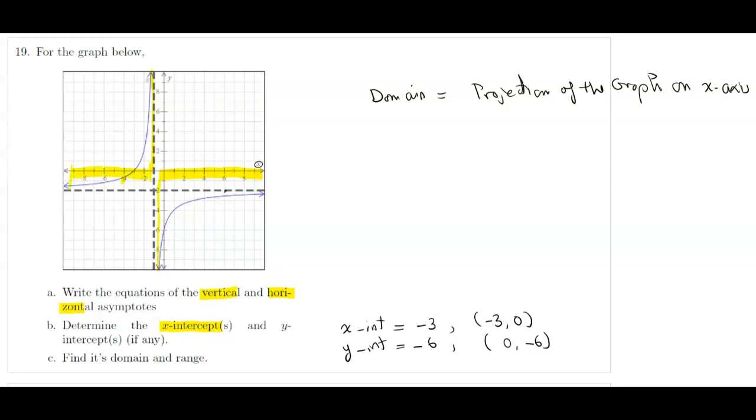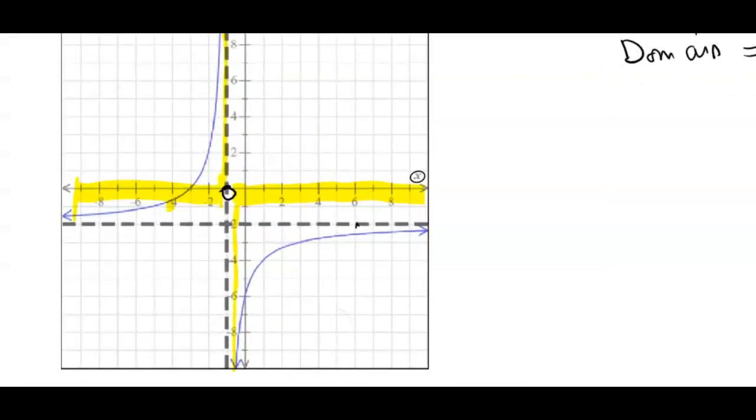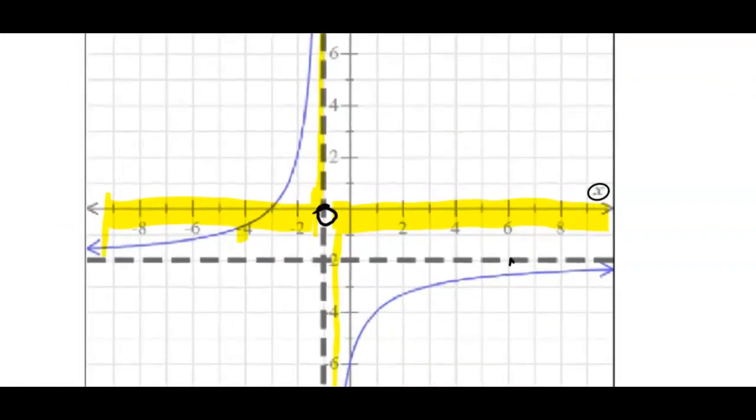So everything is going to be shaded except the point at the asymptote. If I zoom in, my domain should be from -infinity all the way to -1, and then starting from -1 again and going all the way to +infinity.